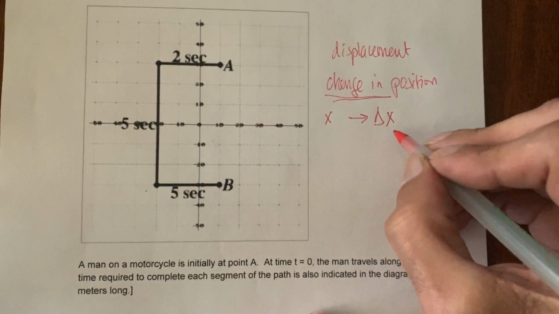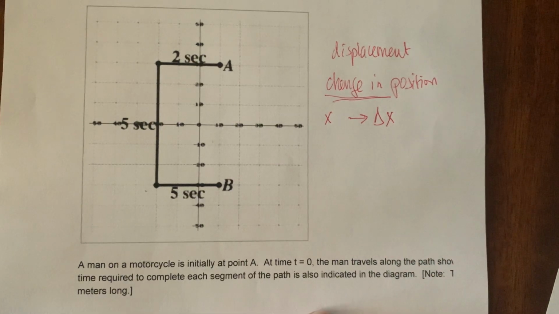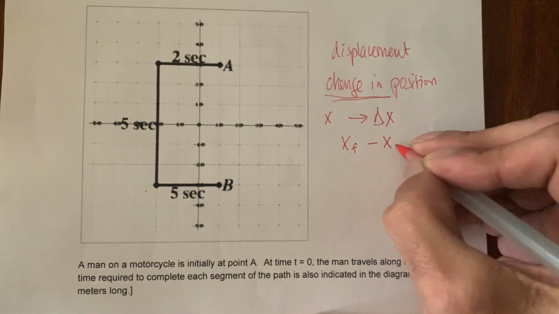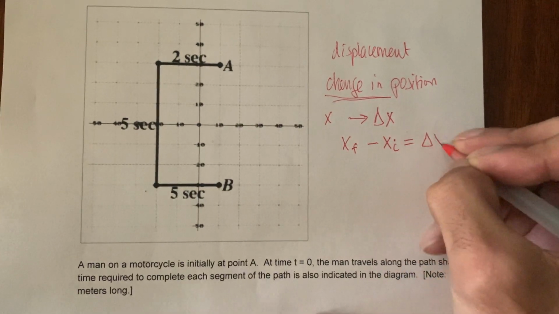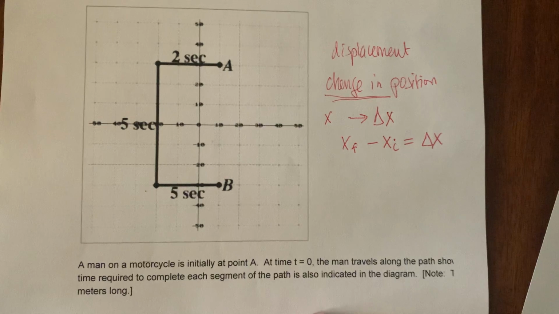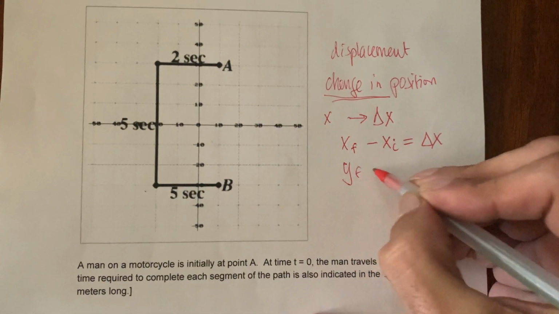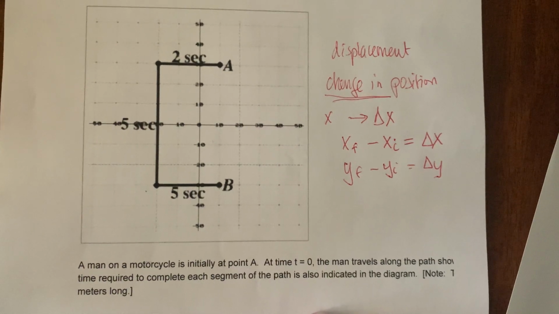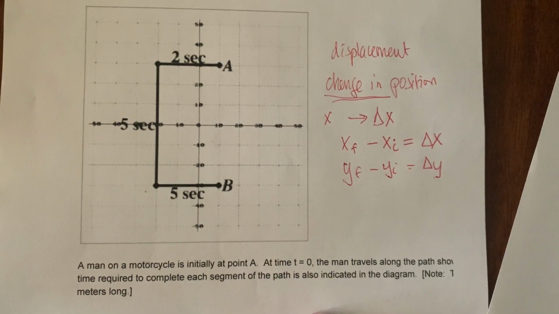Delta just means change in. It's just a fancy, sciencey word for saying change in something. So the change in anything is the final position minus the initial position. This is your displacement. Now it could be yf minus yi. That would be your y displacement. And so that's basically how simply it goes.